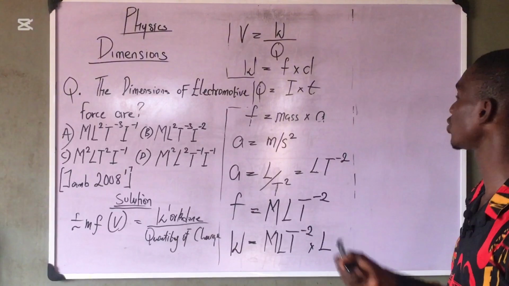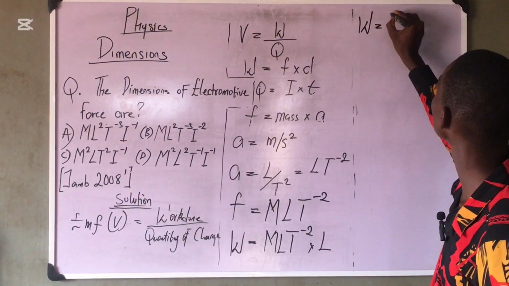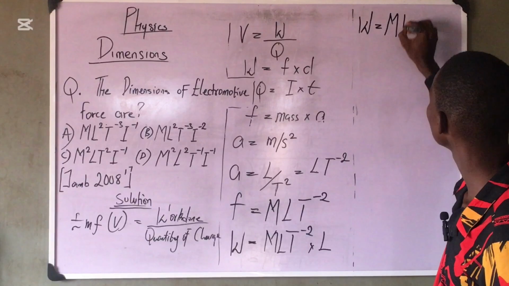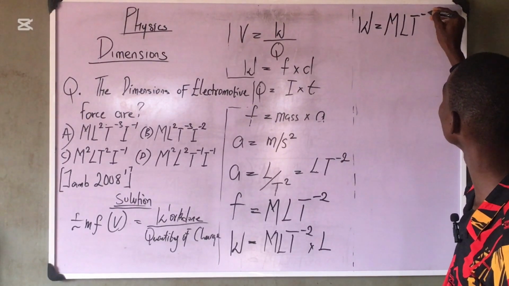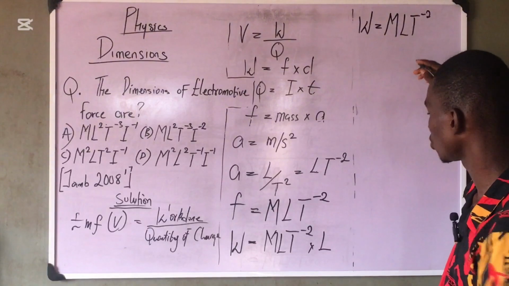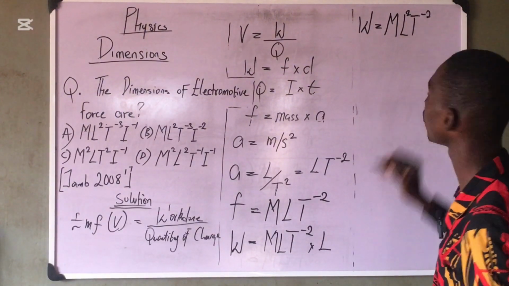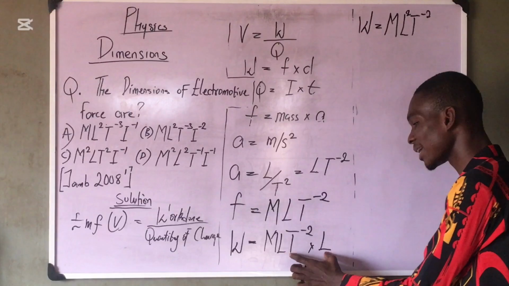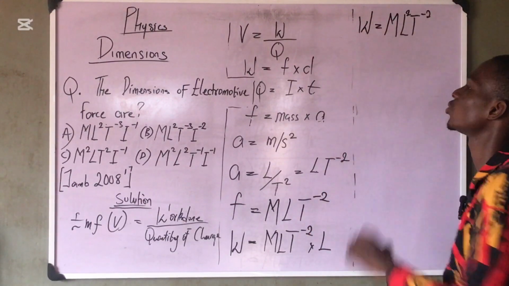And when you multiply these two, I will have my work done to be mass, which is M, my distance, which is L, my time, which is T raised to power minus 2. And when length times length, I will have length to the power of 2. Because when like bases are multiplying, you add their powers. 1 plus 1 gives 2.